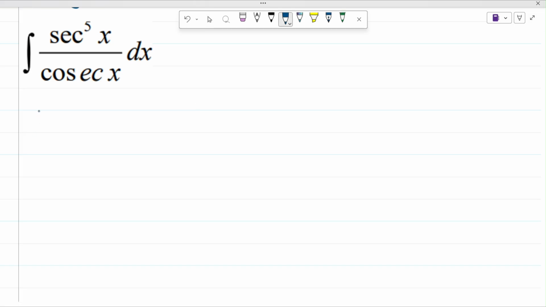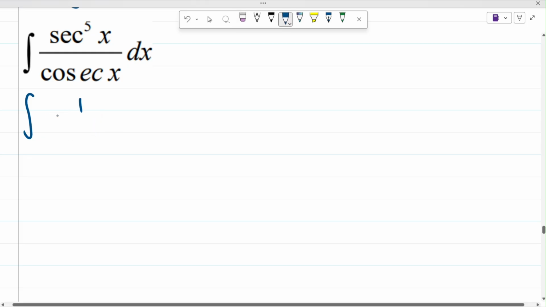So 1 over cosec is equivalent to sine of x. Is it nice like this? I don't know. Now let's not change it like this directly. I don't want to confuse you and myself as well.